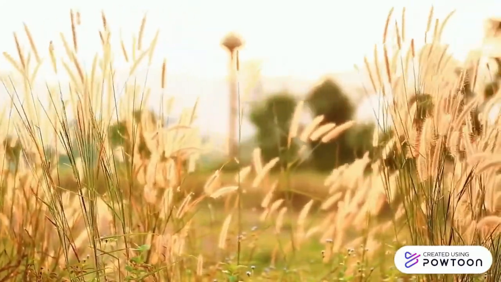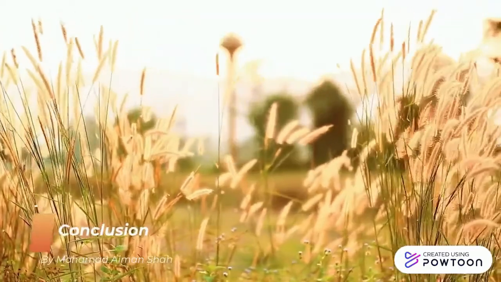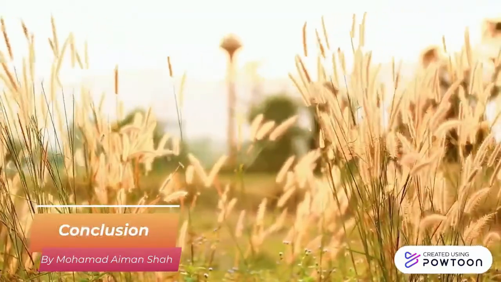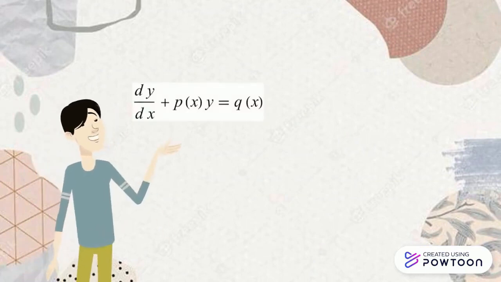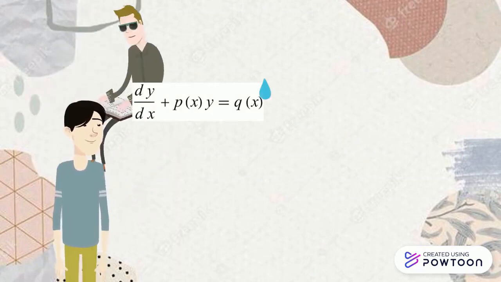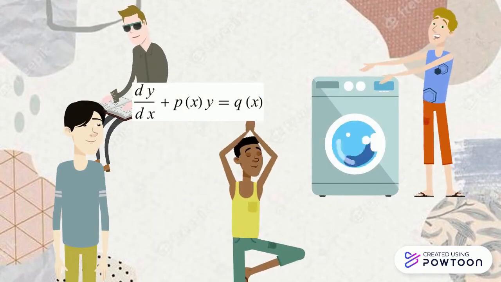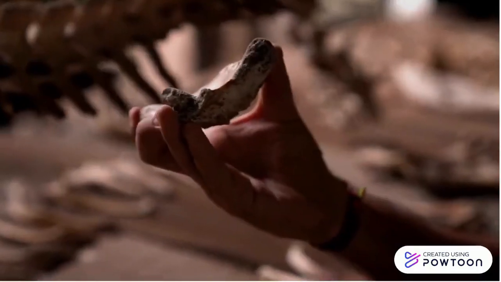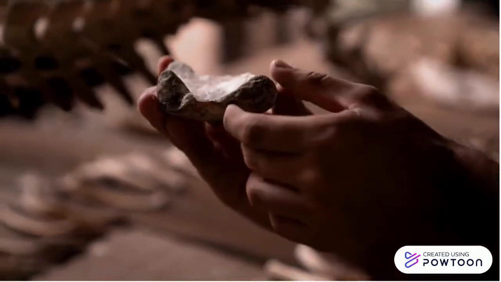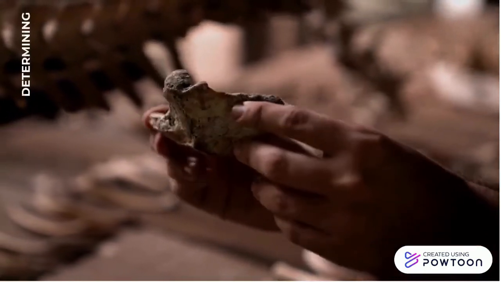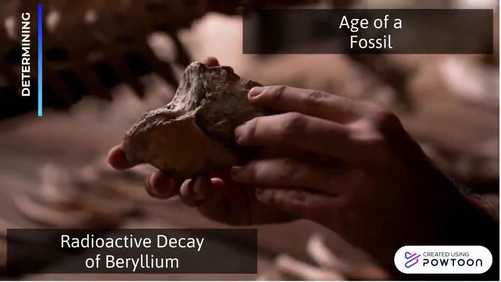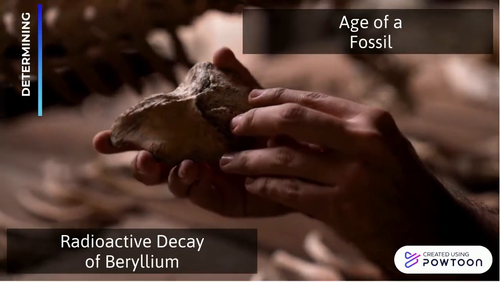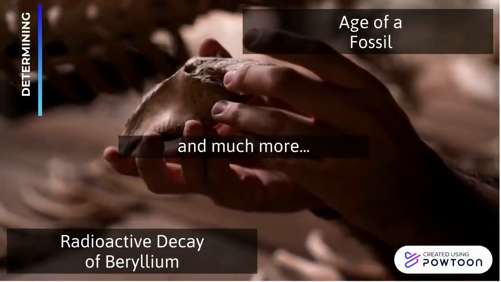We finally reached the end, but before that, I would like to make a summary of this video. First order ordinary differential equations are quite uncommon to use on a daily basis, like reading, exercising, or even doing laundry. However, they do serve their function in certain applications, like determining the age of a fossil and the radioactive decay of beryllium, as demonstrated in this video.